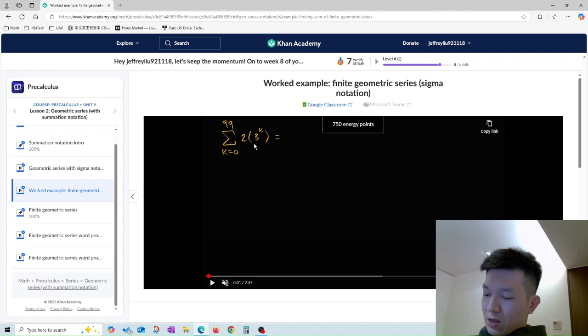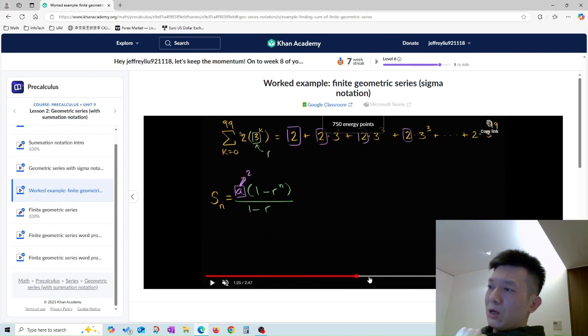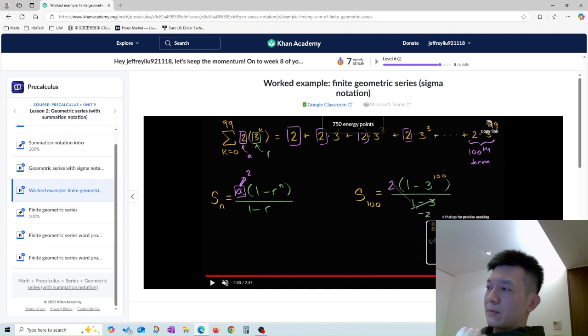The first term is 2 times 1 minus r, which is 3 to the power of 100, because our n is 100. And our denominator will be what? 1 minus r, which is 1 minus 3. And you plug that into your calculator, and you end up with this number here, 3 to the power of 100 minus 1.